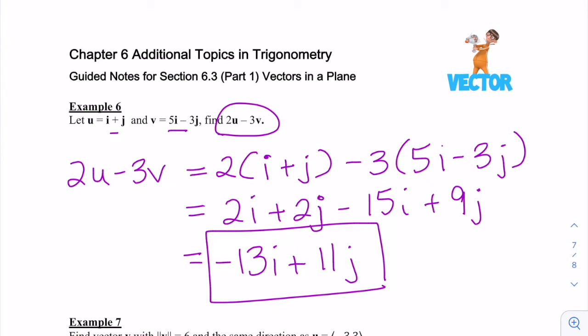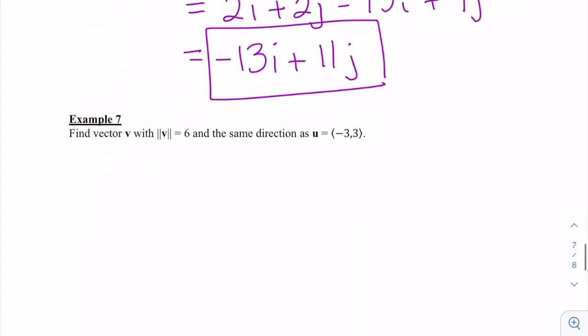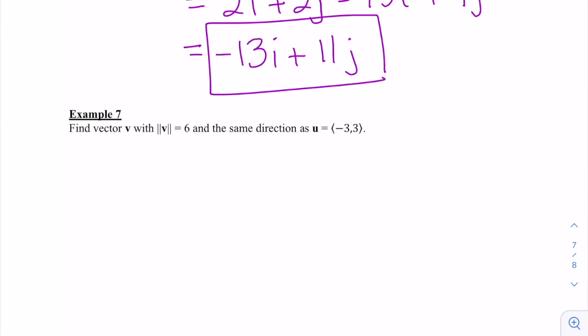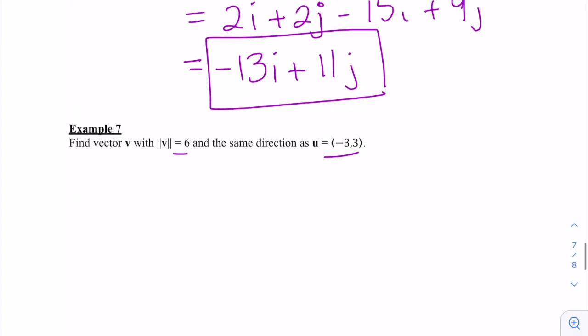Now for 7, we're going to find a vector v, given that its magnitude is 6, and it is in the same direction as vector u. Now what we need to do is think about, okay, if we're going to make the magnitude 6, we should have the unit vector, and then just multiply that by 6. So I'm going to find the unit vector of vector u.